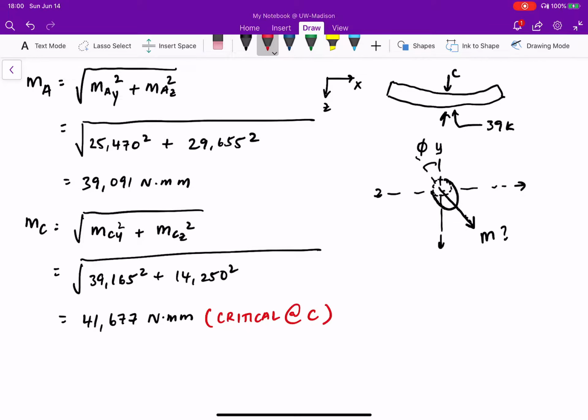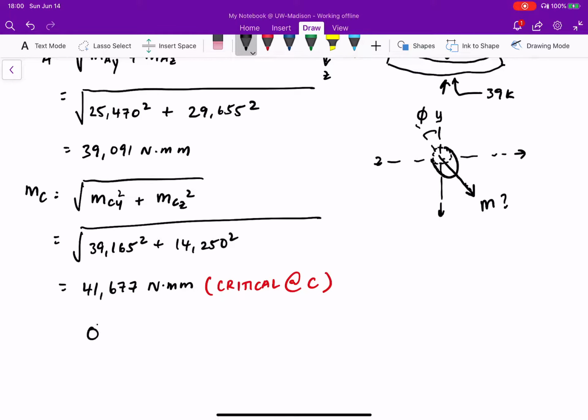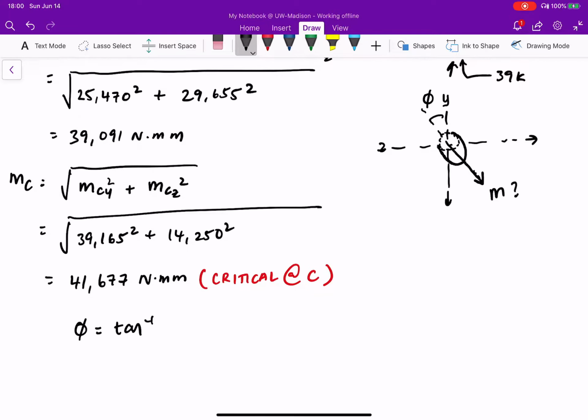And if you want to know what plane that is acting at, what angle, you can say that phi is equal to, because I've drawn it going from the y to the z, arctan of moment z over moment y, and that would be 19.99, which is 20 degrees.